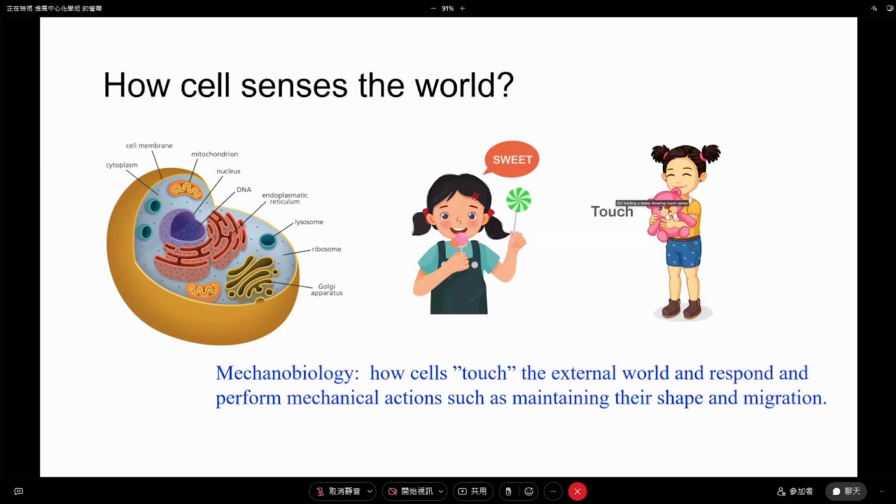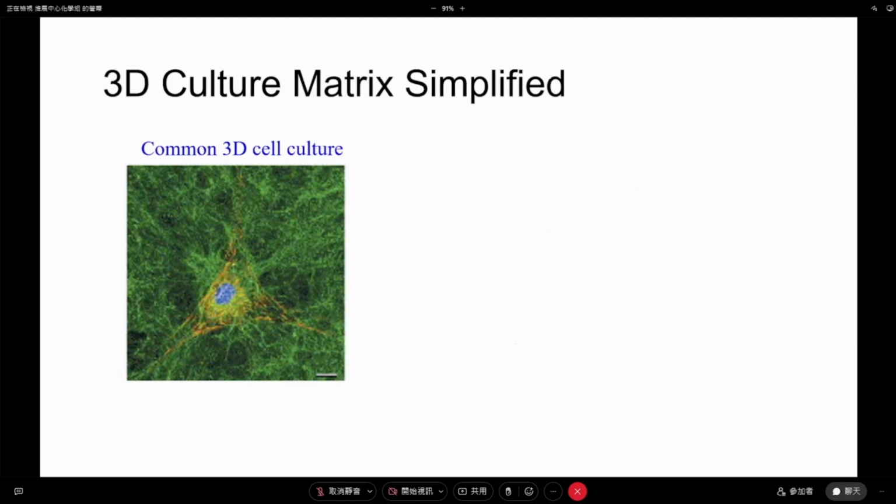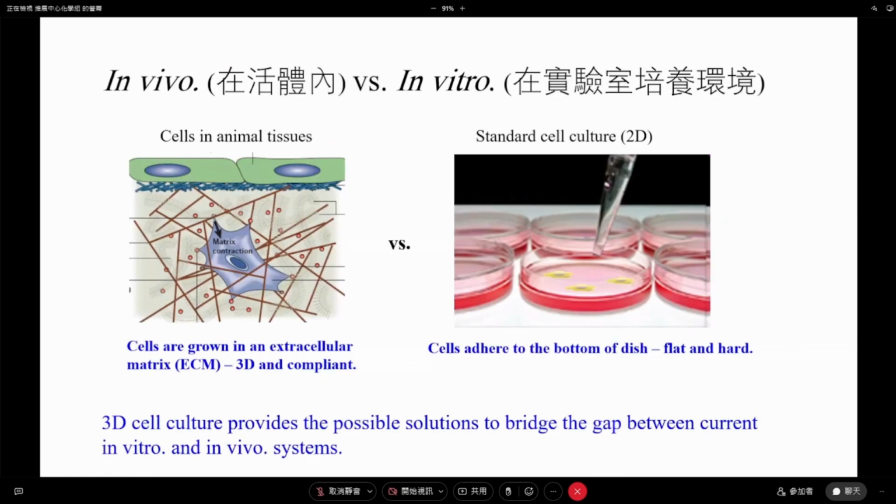And in my lab, we are particularly interested in how a cell senses dimensionality. Why am I interested in this? Because cells in the animal body are naturally in 3D, but current practice is still on the petri dish, so there's a huge gap.